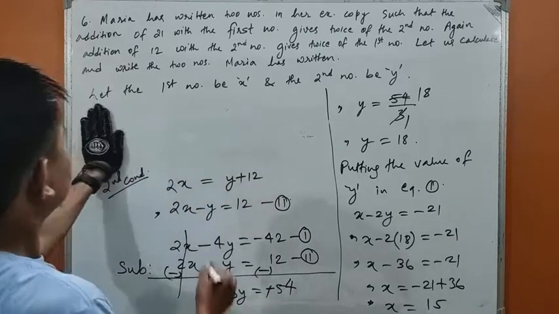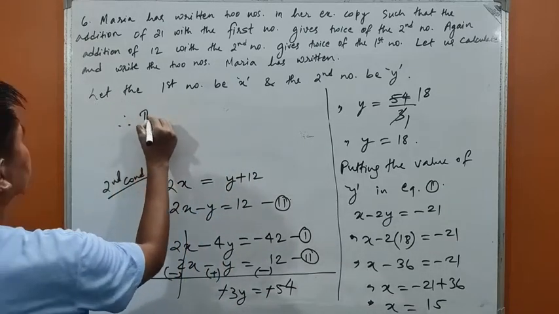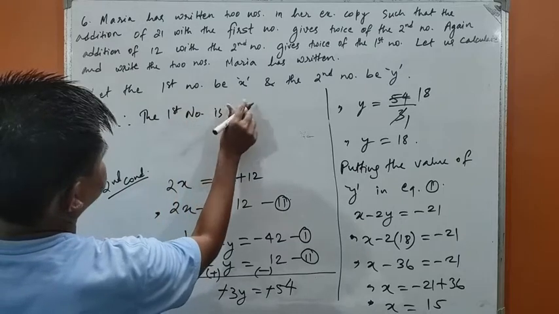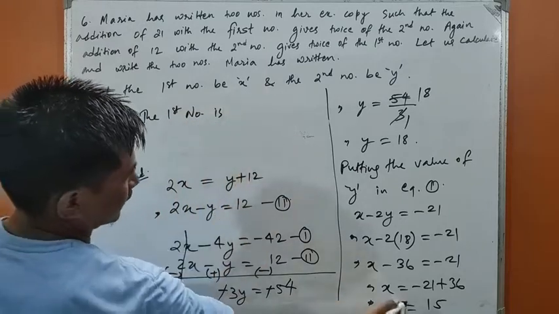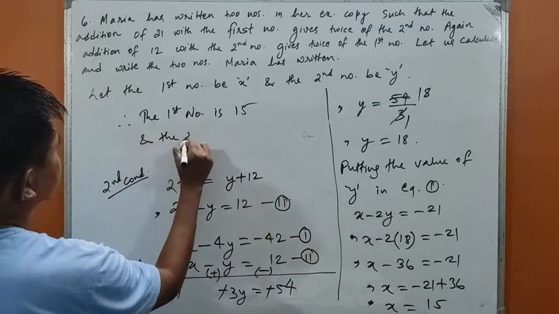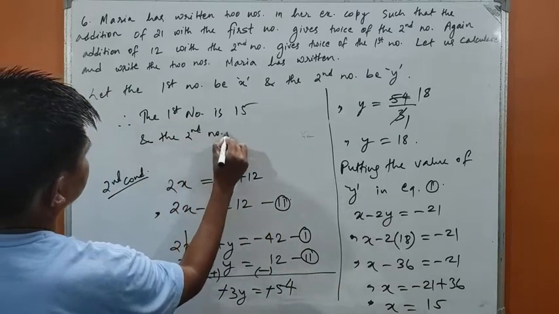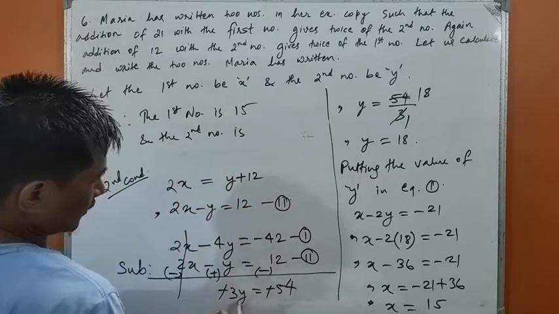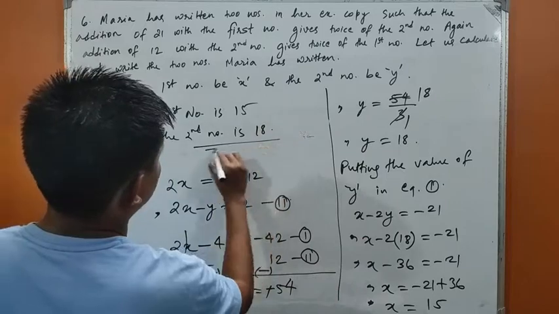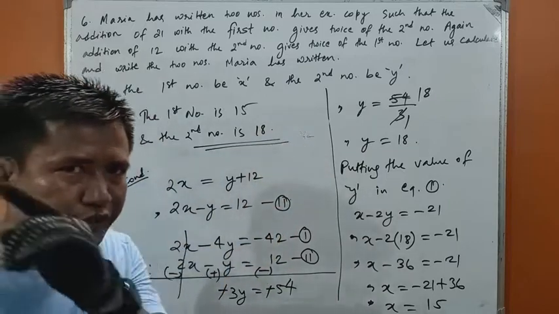So the first number is x, isn't it? x is 15 and the second number is y and y is 18. So we have both the numbers. Okay, I hope you understood.